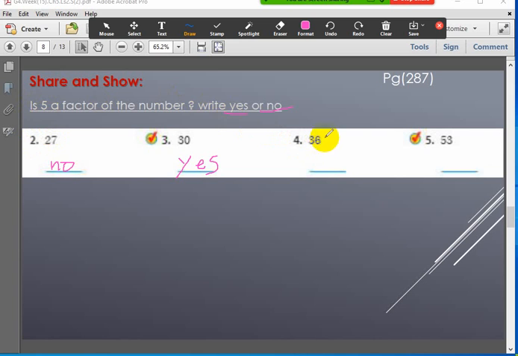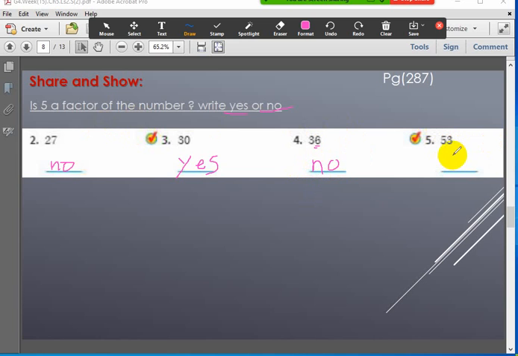Also 36. Can I divide 36 by 5? No, because the ones digit here is 6, and the rule told me that the ones digit must be 0 or 5. So I can't divide it by 5. That means 5 is not a factor of 36. Also 53.